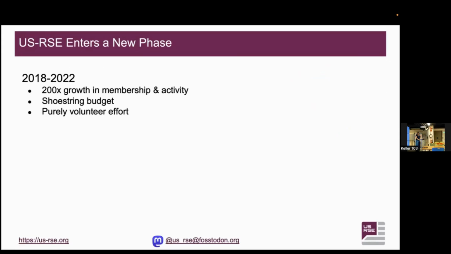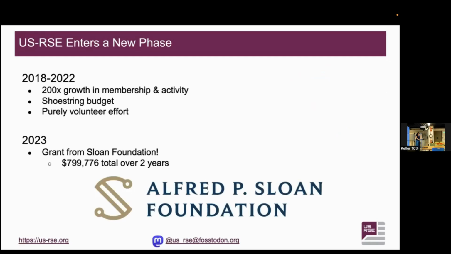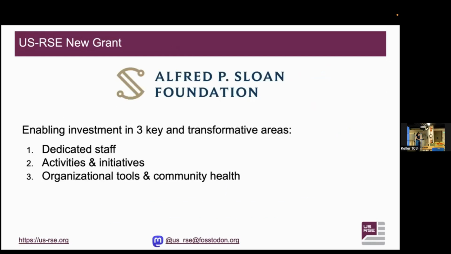We had purely volunteer effort until last year. Then we got a grant of almost 800,000, and that pays for the next 2 years the salary of the community manager and for me. The idea is really to make USRSE a real, sustainable association and help volunteers have support with activities, initiatives, and organizational tools, because we really got to the limit of our volunteers.